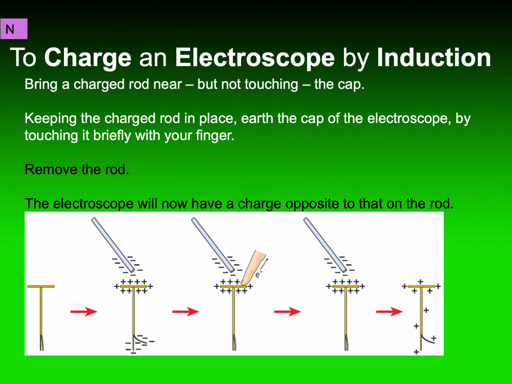Alright. So you could be asked the sphere method or the gold leaf electroscope method. You can use either of them to show something charging by induction. I'm going to go back to the diagram a second and just get you to take a couple of bullet points from the diagram.